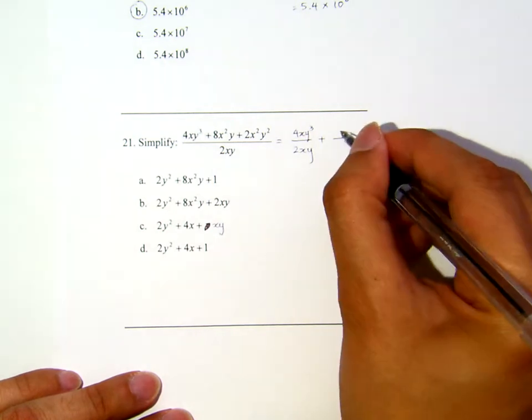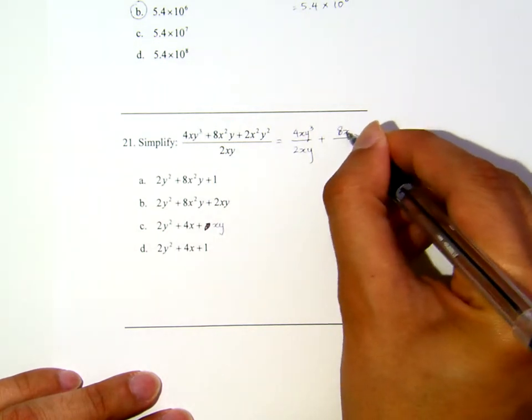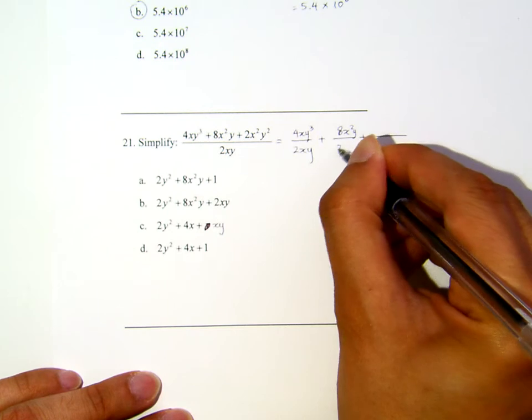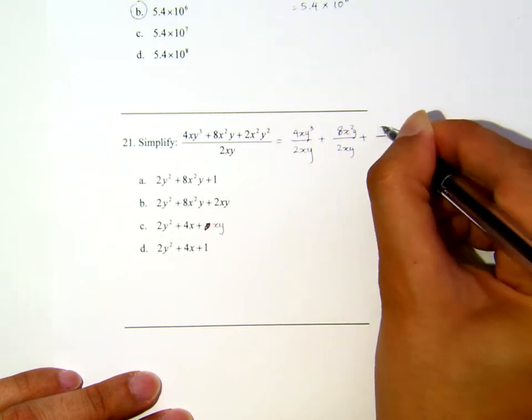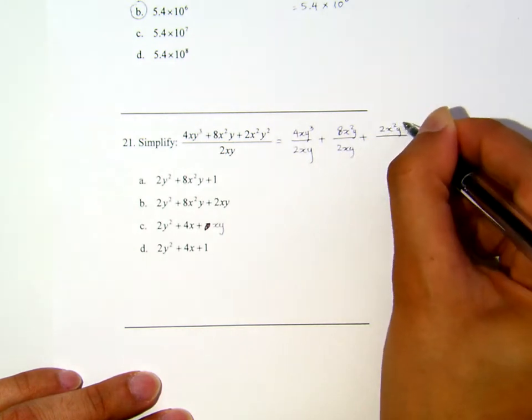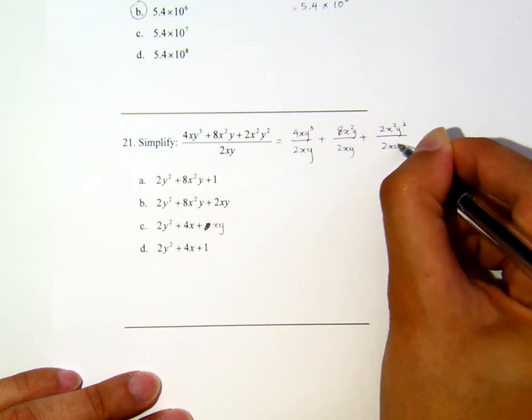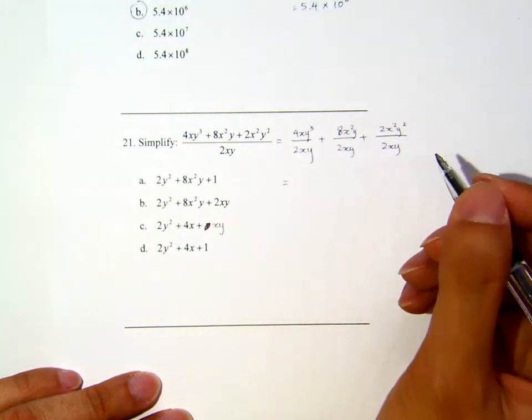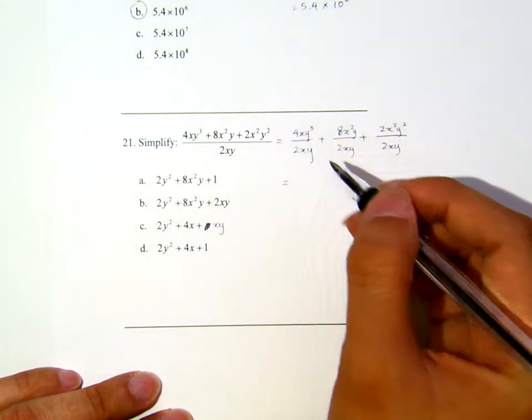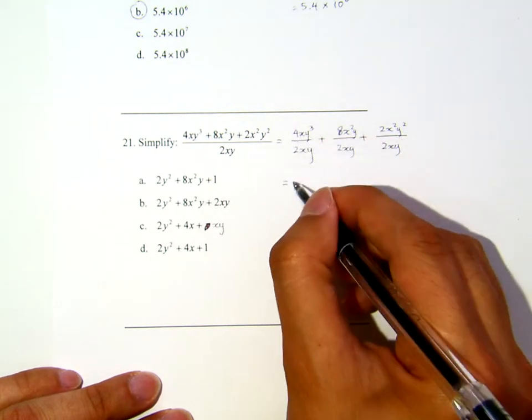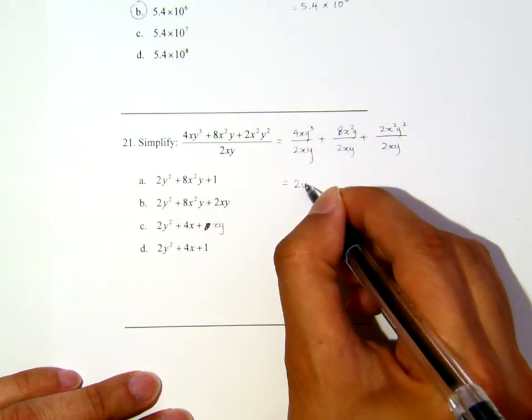There's a typo there. This is 8x squared y over 2xy, plus the next term over 2xy, plus 2x squared y squared over 2xy. When I simplify, the first term will be 2y squared.